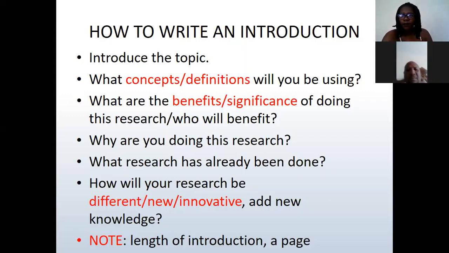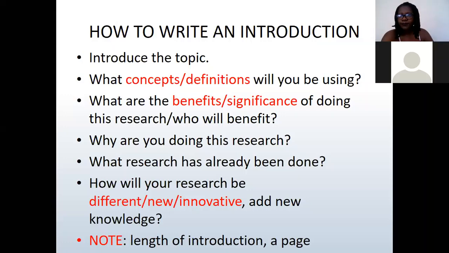And then, what concepts or definitions will the learner be using? And also the other point is, what are the benefits or significance of doing this research? It must come out from this introduction who is going to benefit, what the benefits are, what the significance is, and also why the learner is doing this research.